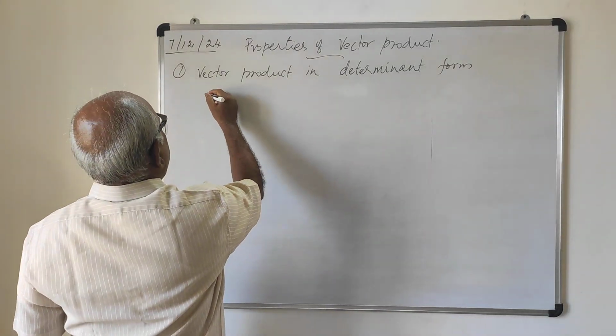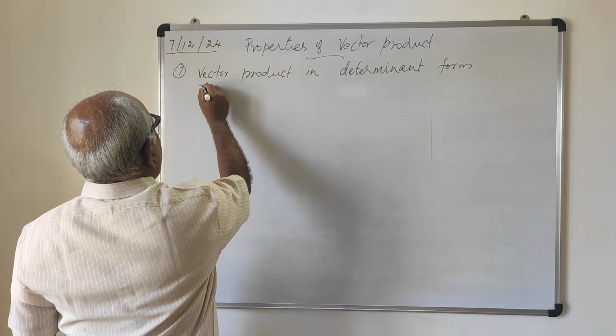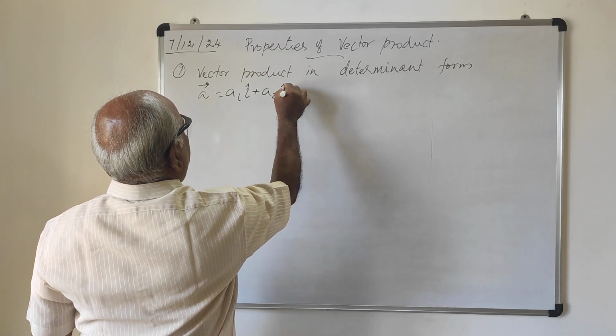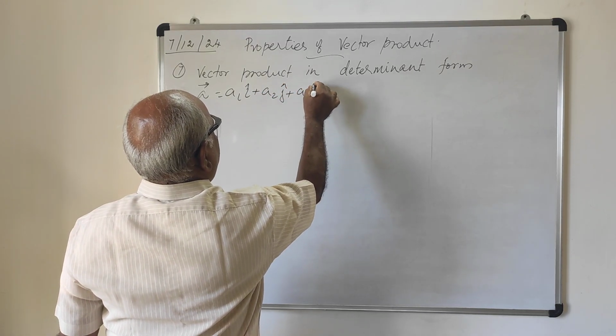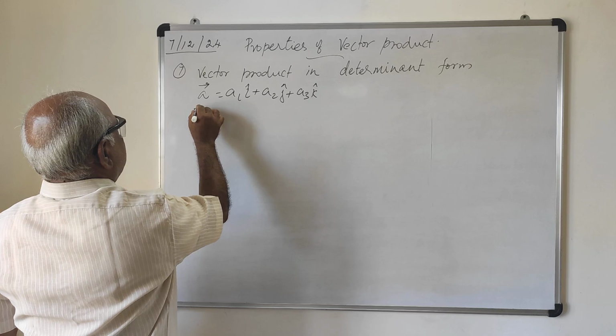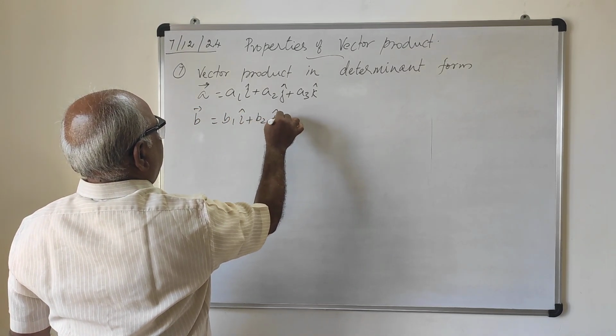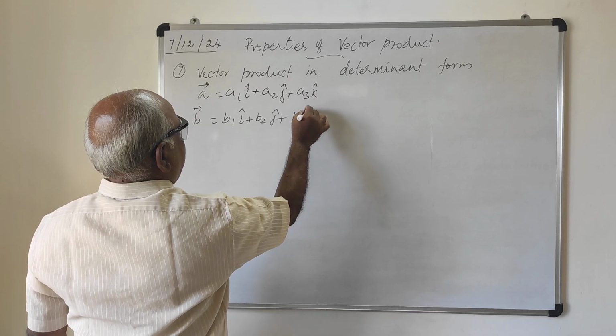Suppose A is a vector given by A1 i plus A2 j plus A3 k, and B is a vector B1 i plus B2 j plus B3 k.